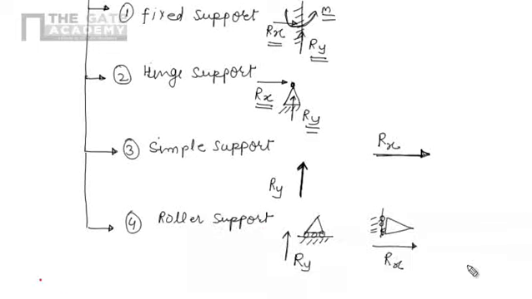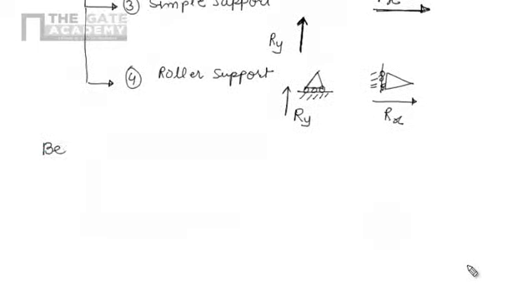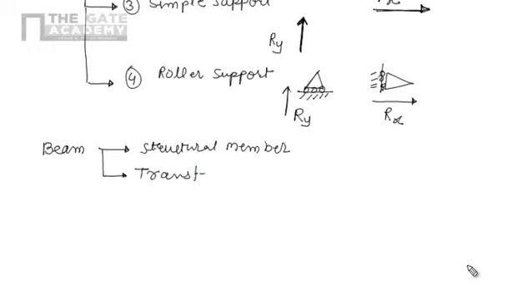Now I would like to define the beam. So a beam is nothing but a structural member which is used for making the structure and is used for transferring the load or carrying the load.